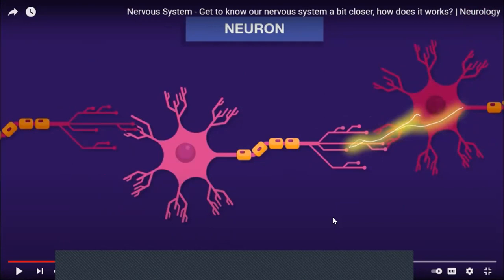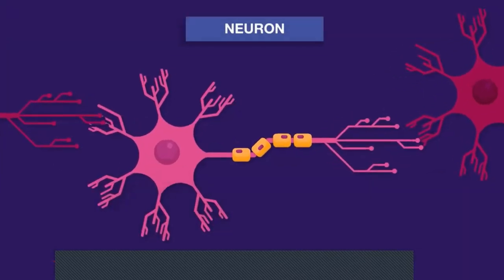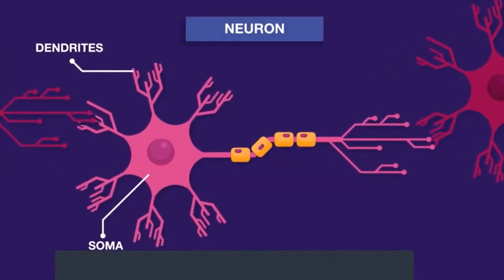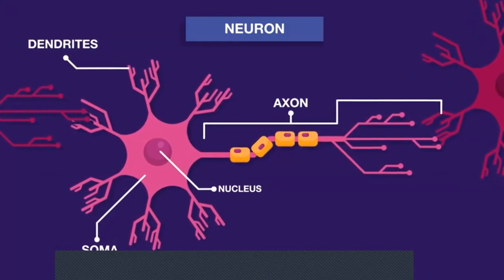It is electrical messages sent in a fraction of a second from your body organs to the brain and from your brain to the body organs. So the function of the neuron is sending and receiving messages between the brain and the body organs and vice versa. Okay? A neuron has 3 parts: dendrites, soma or cell body, and axon.